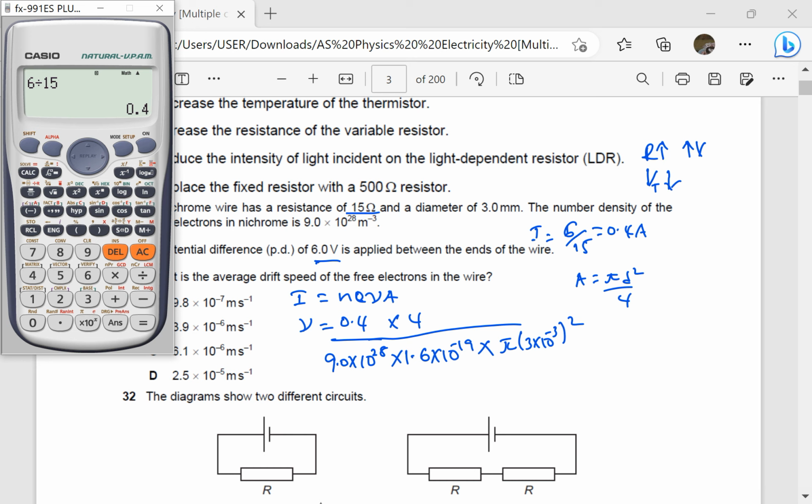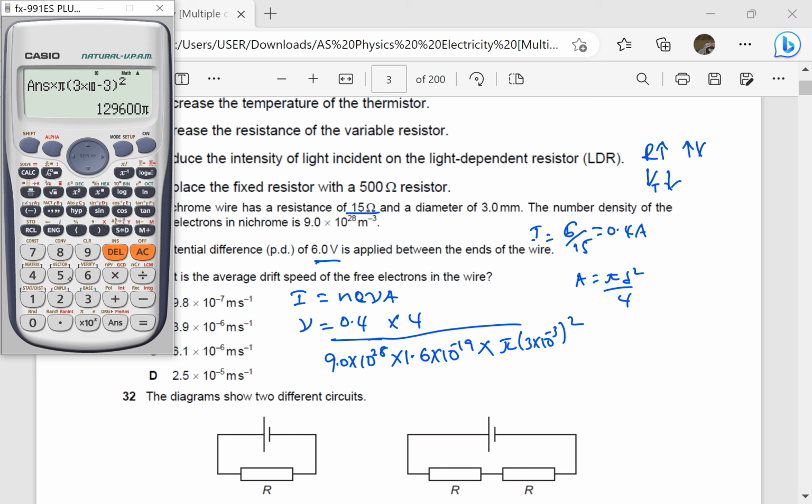I can begin by solving the denominator, which is 9 exponent 28 times 1.6 exponent negative 19 times pi into brackets 3 exponent negative 3, and this is squared. So that is the denominator.